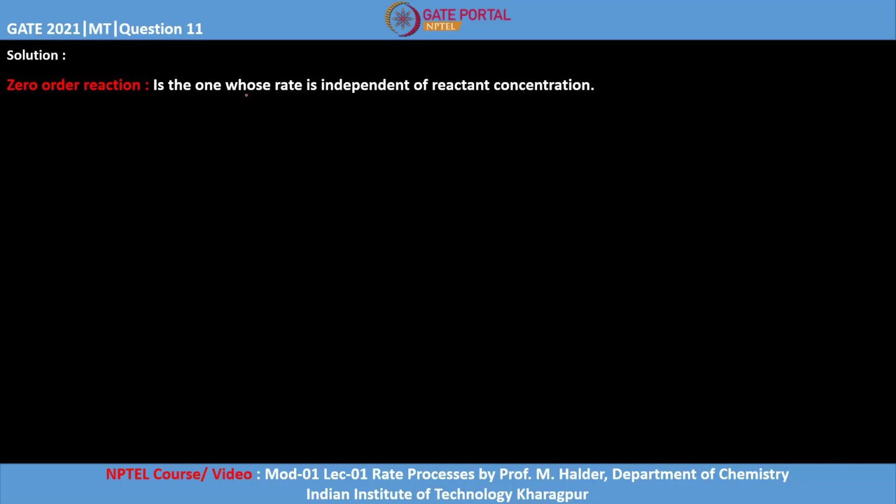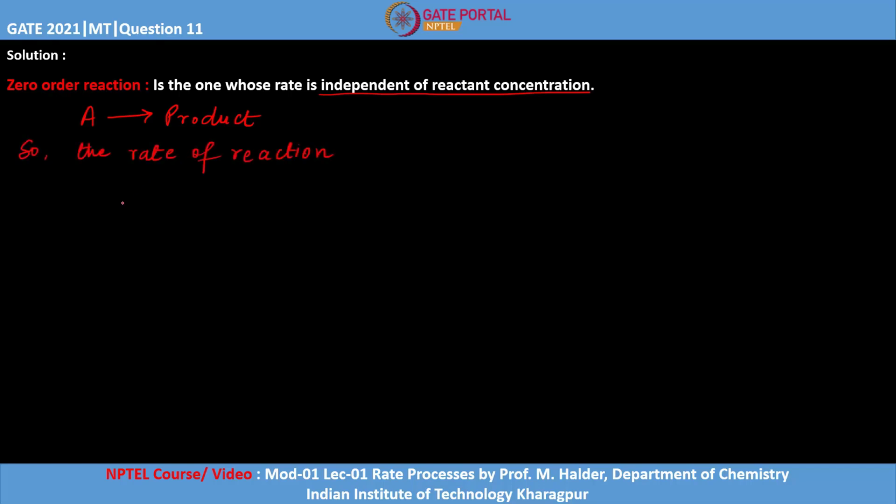So before solving this, let us first understand what is meant by zero order reaction. Zero order reaction is the one whose rate is independent of reactant concentration. Now, let us assume that this A is getting transformed into a product.